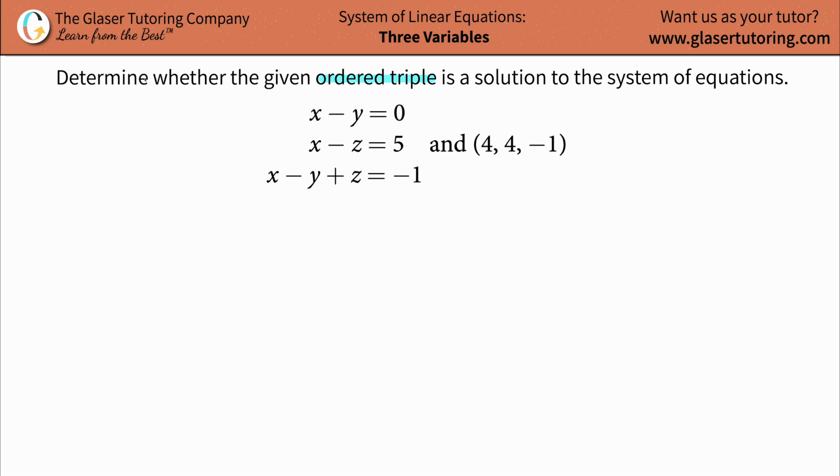And today we have to determine whether the given ordered triple is a solution to the system of equations. So this right here, 1, 2, 3, right? 3 numbers here, that is your ordered triple. And if you're dealing with ordered triples, you have unlocked the 3D universe.